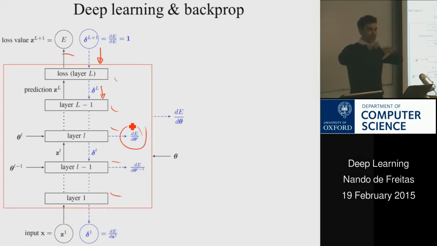So when you design a layer, you need to design 3 functions: the forward message, the backward message, and the derivative with respect to the parameters of the layer, if the layer has parameters. Some layers don't have parameters. And provided that you design that, then a meta question is how you compose these layers.